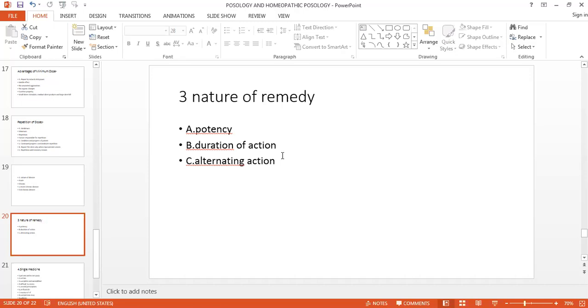Let me tell you one case here. One patient comes to me, and that lady is having a GIT problem. She is having indigestion because of the stress, because of the worry, and because of that indigestion and a certain allergy, she is having urticaria all over the body.